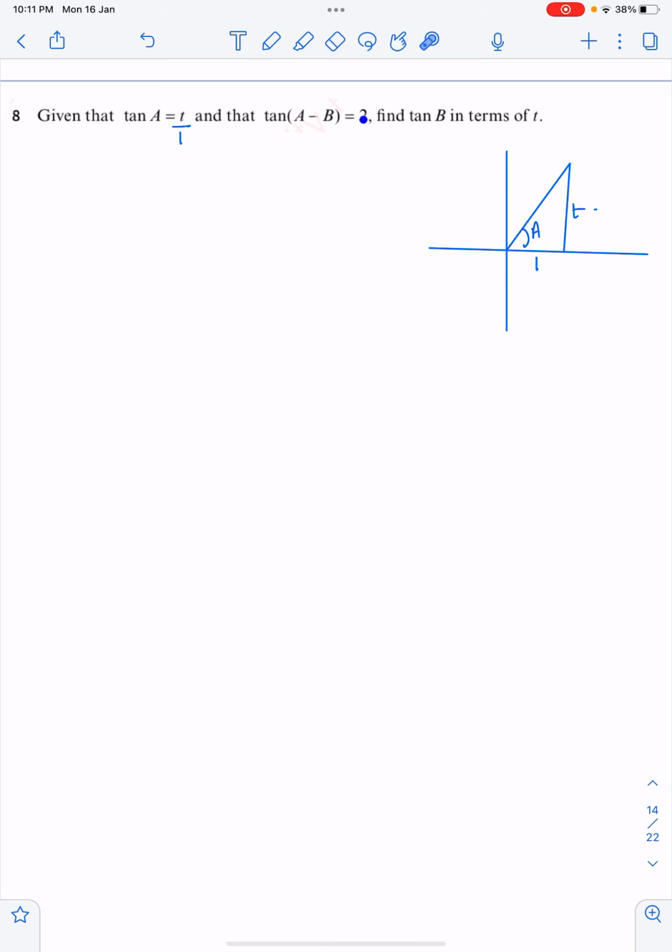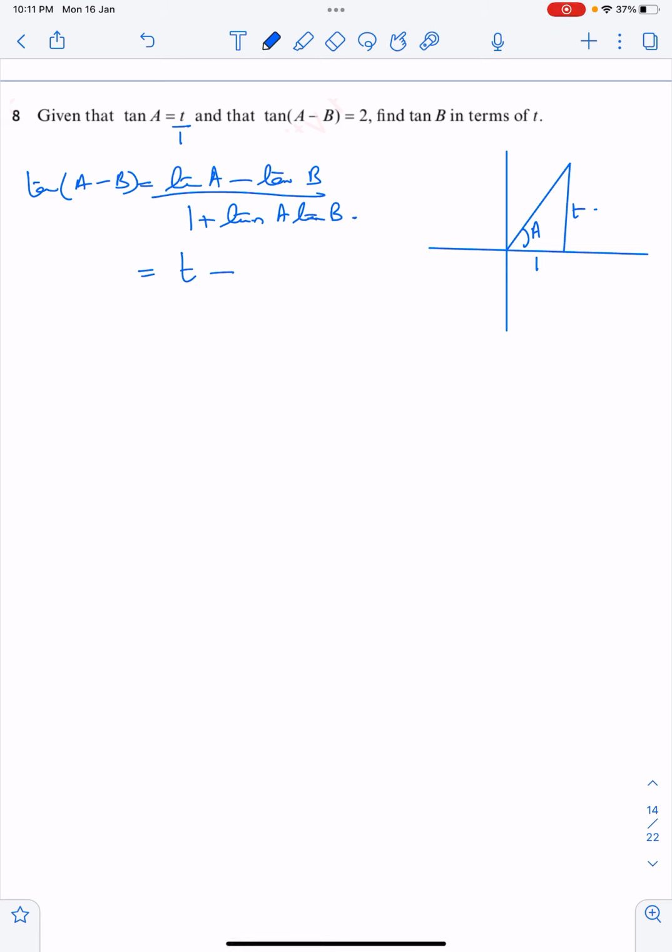Tan of a minus b equals 2. Okay, let's use the formula. Tan of a minus b equals tan of a minus tan of b upon 1 plus tan of a tan of b. Tan of a is t, tan of b is what we have to find out, so I am calling it x. So it is x upon 1 plus tan of a, which is t, and tan of b, which is x, and they have told us that tan of a minus b equals 2.